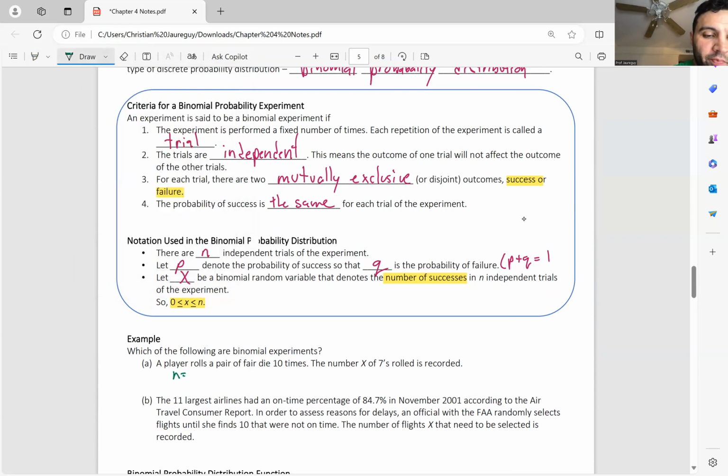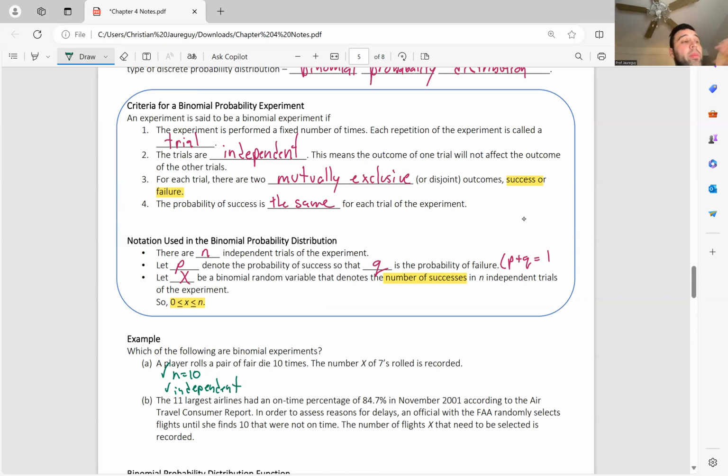N equals 10. The next bit, the trials are independent. I'm like, okay, well, yeah, it's not like when I roll the die one time, the next time I roll the die, it has memory. It doesn't know what's going to happen before. So independent. The third one's a little bit tricky here, so I want to skip it.